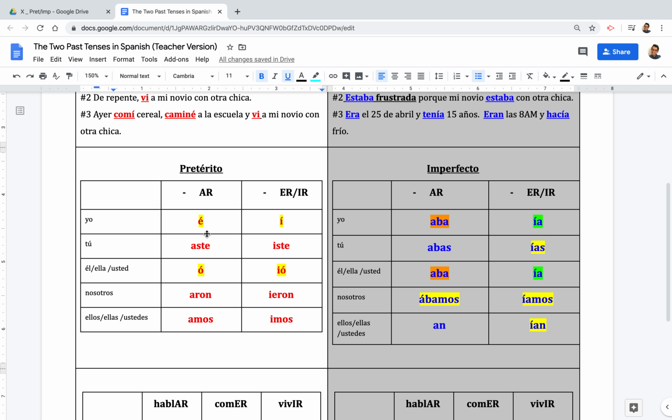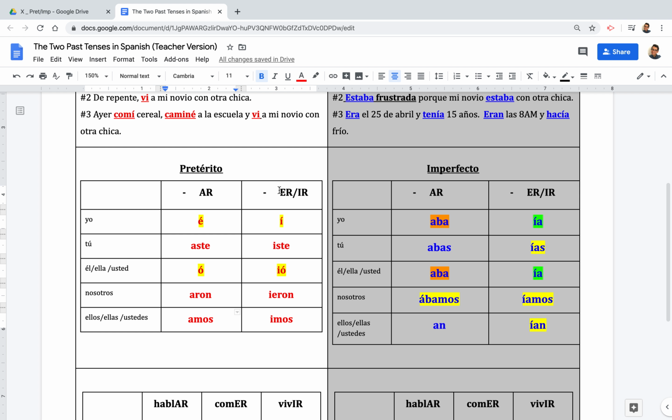We also already know the verb endings for the pretérito, or sudden past. When a verb ends in AR, like hablar, to talk or to speak, we know which endings we're going to use to match the person who is doing the action: é, aste, ó, amos, aron.